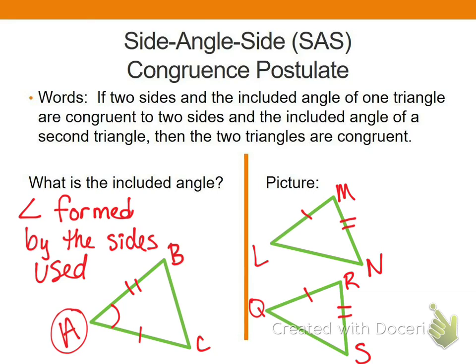M and R. So M and R congruent. This picture gives us an idea of what side angle side is going to look like. So if I just have this much information, then I could say that triangle LMN is congruent to triangle QRS.